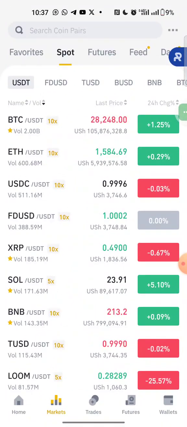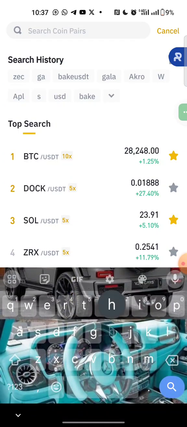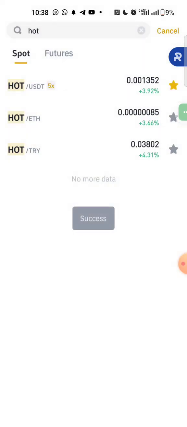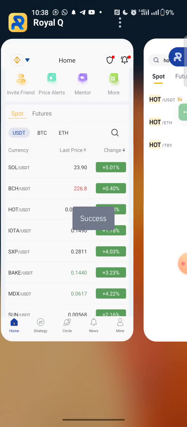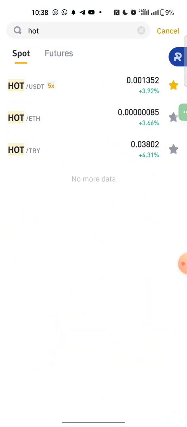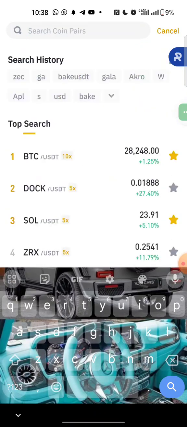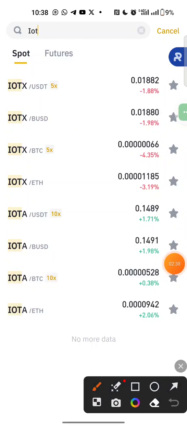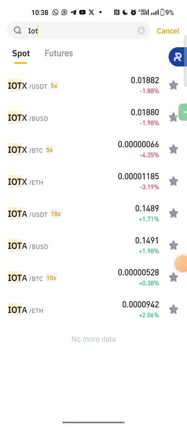We write the word HOT, coins will come and we tap on the star. The next coin is IOTA. We're going to be tapping on IOTA USDT. You can see the different pairs, but we are focused on IOTA USDT. That's the pair we are selecting, and tap on the star.